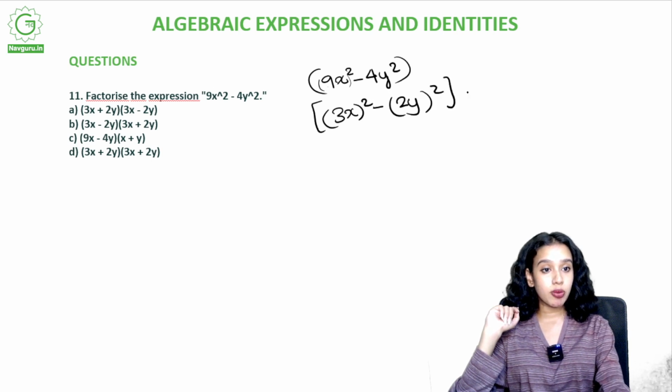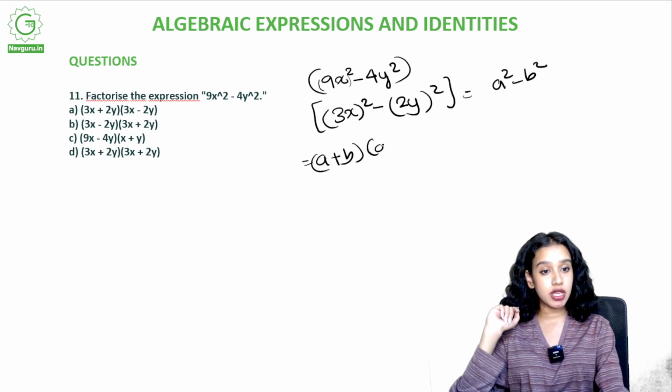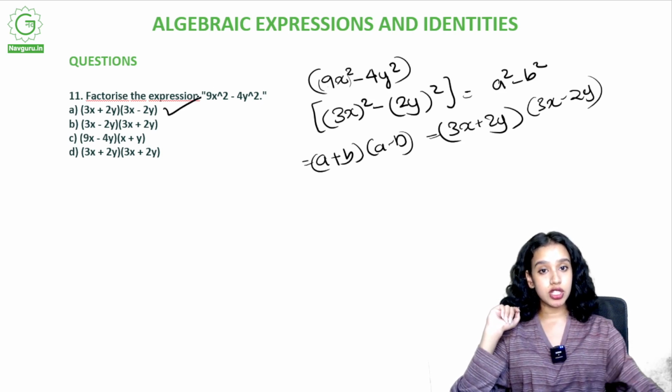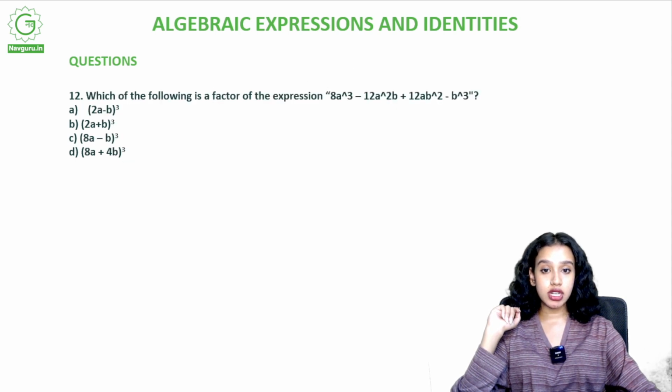Now what is the format of this? This is a square minus b square, which is equal to a plus b into a minus b, which is equal to 3x plus 2y into 3x minus 2y. So this is the answer for this question. Now let's move on to the next question.